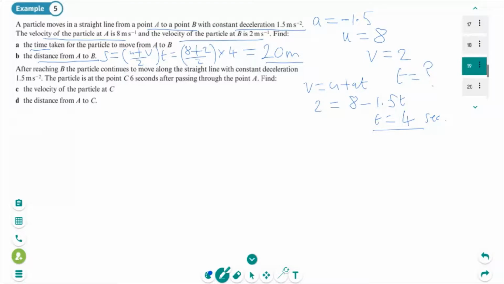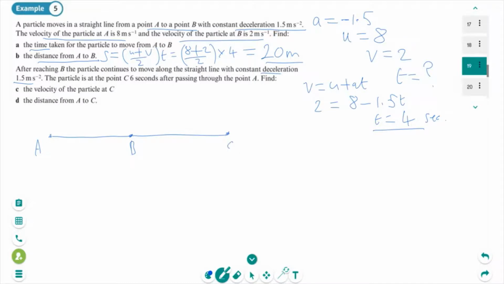Okay, the situation changes now. Remember, it's traveling from A to B. Now the particle continues to move along the straight line with a constant deceleration of 1.5. So the deceleration is still the same, and it's going to the point C now.